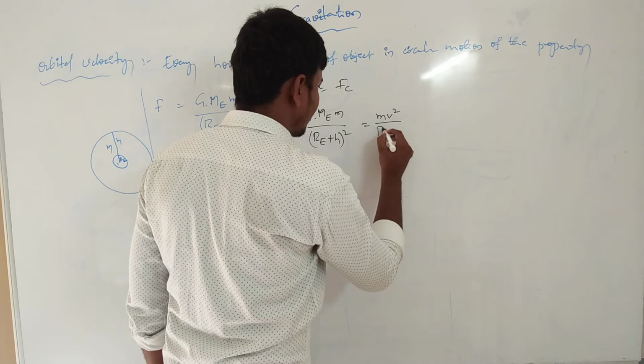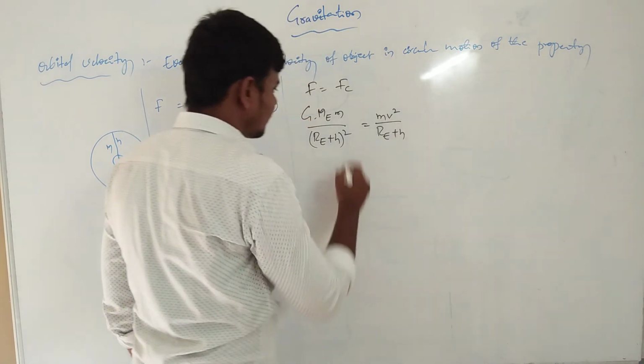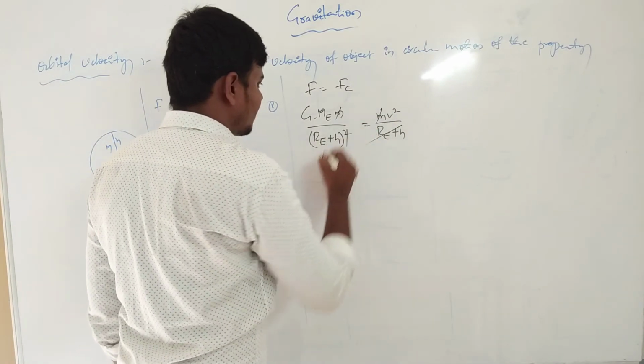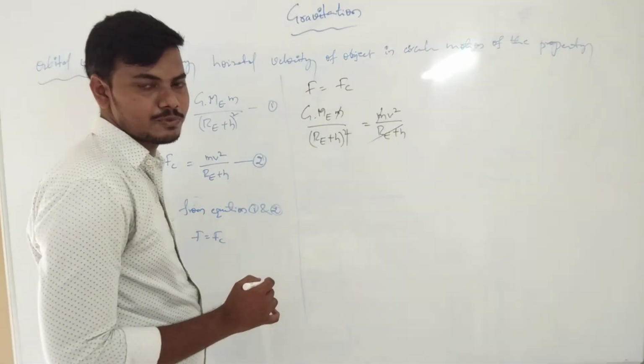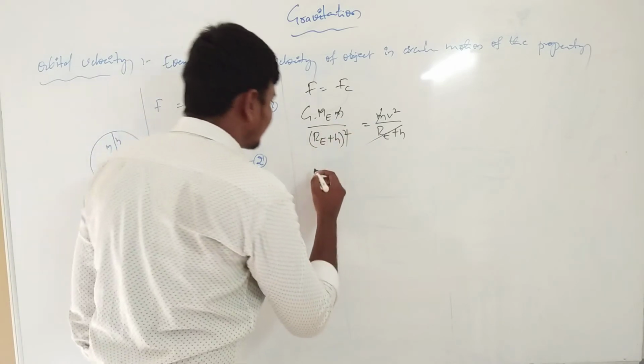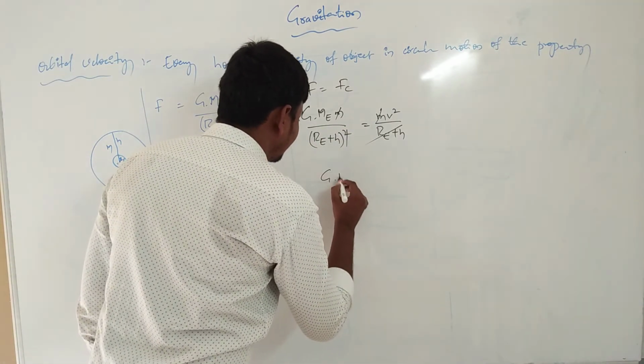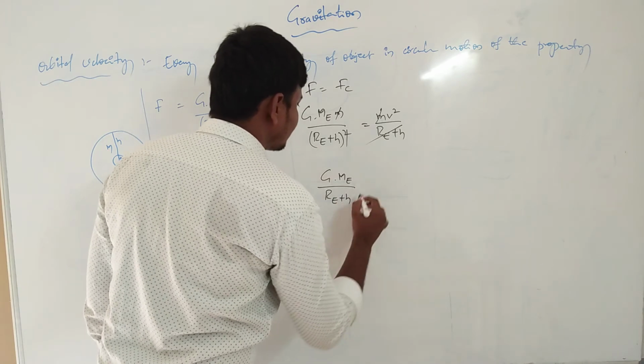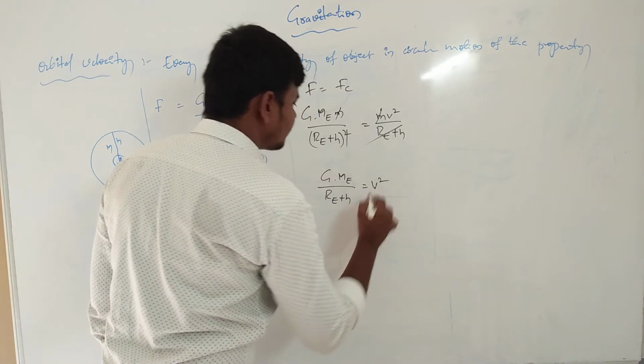Now the square cancels, and small m also gets cancelled. Now G M E by RE plus h is equal to v square.